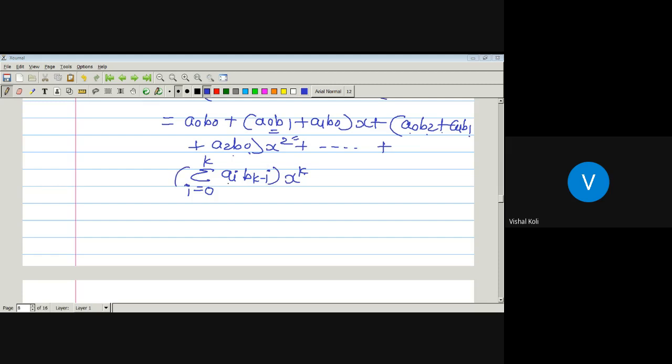Whenever k is equal to 2, it is the summation of i running from 0 to 2 of ai b(k minus i), meaning b(2 minus i). We just have to run the value of i. So it is a0 b2 plus the next one, a1 b(2 minus 1), which is a1 b1, plus the next one, a2 b(2 minus 2), which is b0. Correct? Yes, sir. Same for i equal to 1 also.